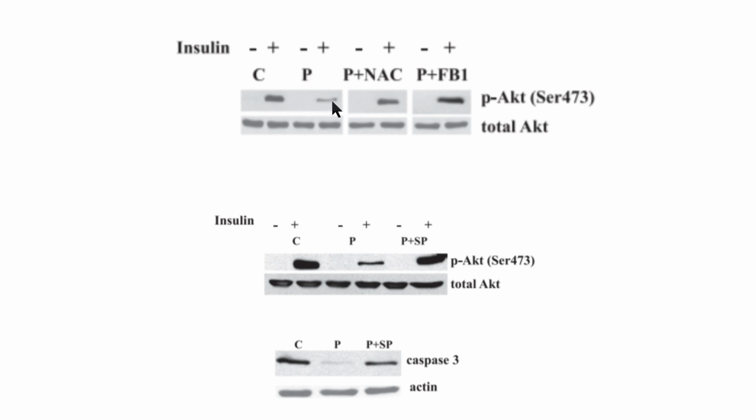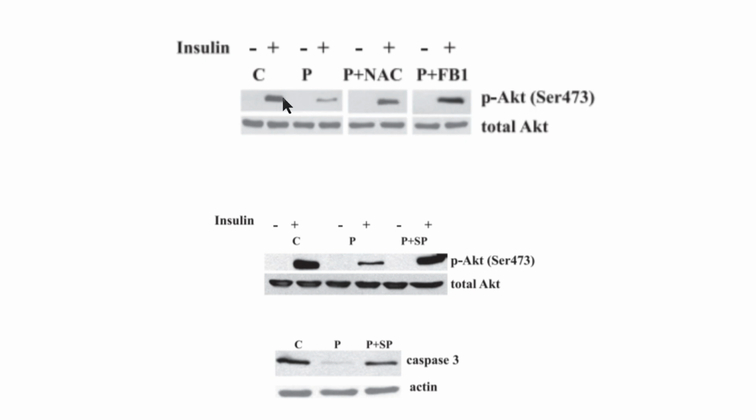You see that there's a dampening of this effect right here. All well and good. Now, when we have palmitate, which should look like this, and we add the oxidative stress eliminator, the antioxidant NAC, we see a rebound in the phosphorylation of AKT.